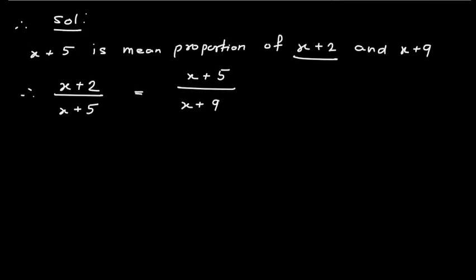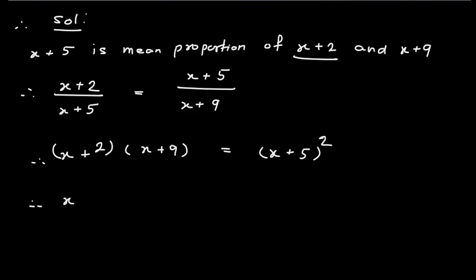Then again you can solve this problem. You have to cross multiply and simplify. So therefore you will get x plus 2 into x plus 9 is equals to x plus 5 into x plus 5, that is x plus 5 the whole square. So therefore here x into x is x square plus 9x plus 2x plus 18 is equals to, here it is x square plus 10x plus 25.